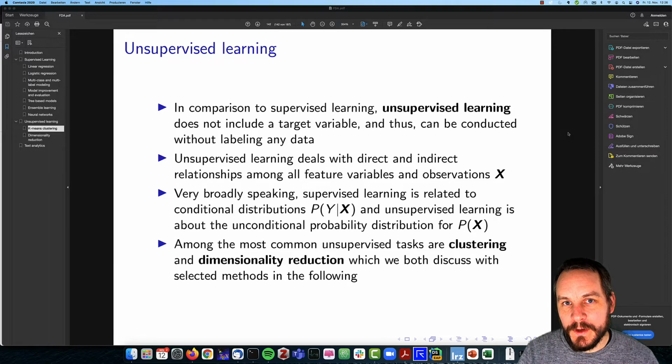And when you think about supervised learning tasks, what we basically do is we try to identify observations that are similar with respect to some feature attributes. And then for these similar observations, we hope that also the prediction for the target of interest is similar.